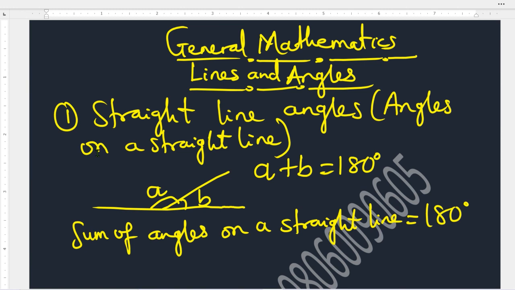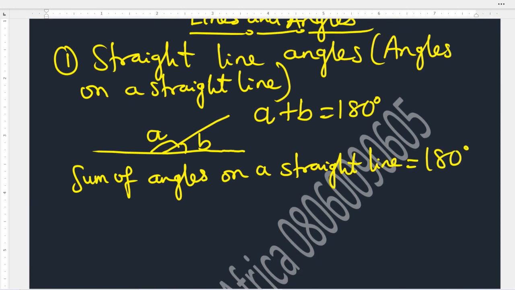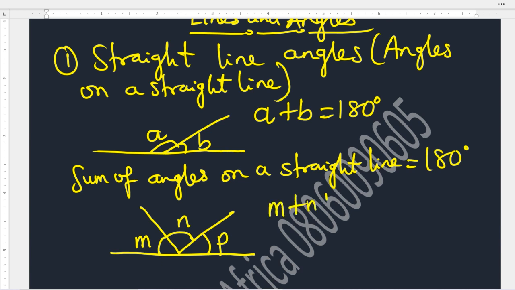So you can also have another example, another type of angles on a straight line. Let's look at another one. We can have up to 3 angles on a straight line. This can be angle M, this can be angle N, and this can be angle P. That's to say that M plus N plus P is equal to 180 degrees.